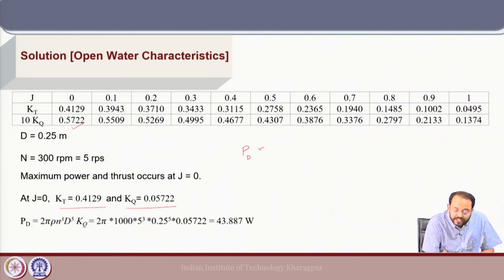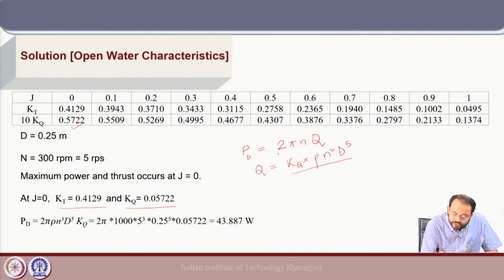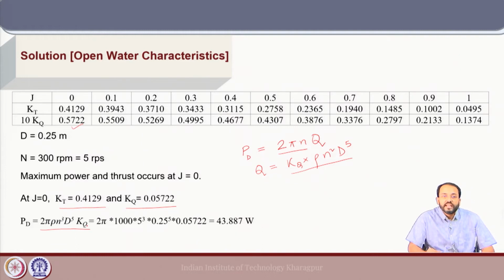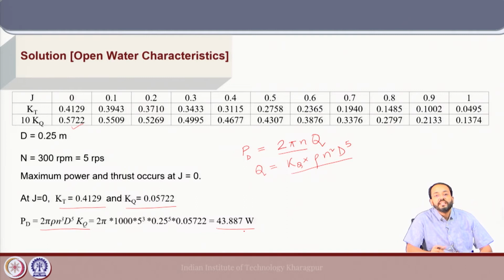The power delivered to the propeller will be 2 pi n Q, where Q is given by kQ into rho n square D to the power 5. So, multiplying this with 2 pi n will give us this particular expression for the power delivered, and with the given values we will be able to calculate the power in this particular case, which is the maximum power, because kQ is highest at J equal to 0.